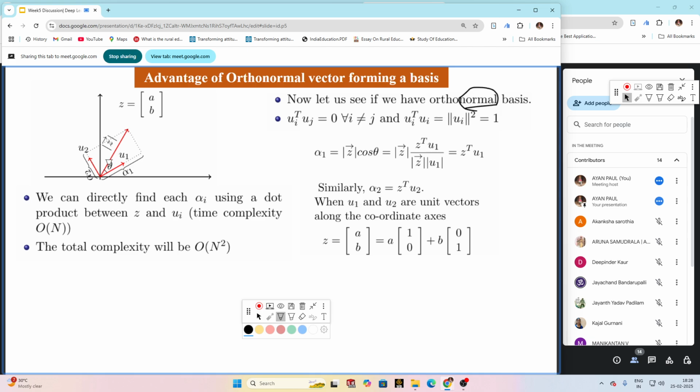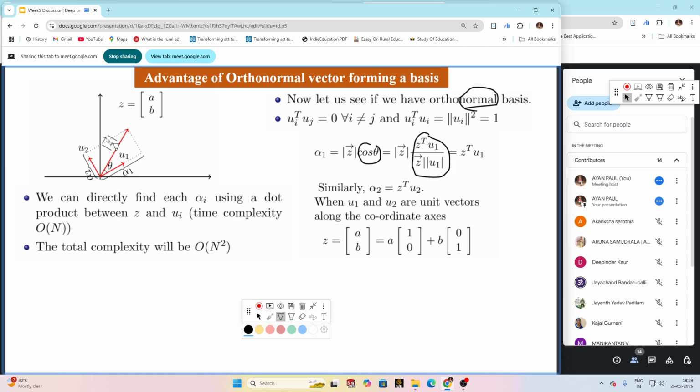Alpha 1 is z cos theta, just projecting z on this axis. So what is alpha 1? Alpha 1 is |z| into cos theta. Now cos theta can be written like this. This is the angle between the two lines.